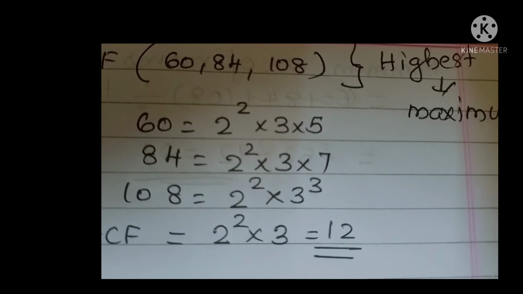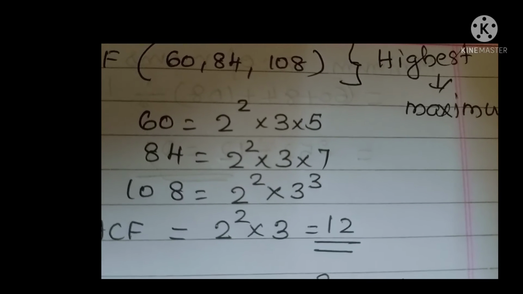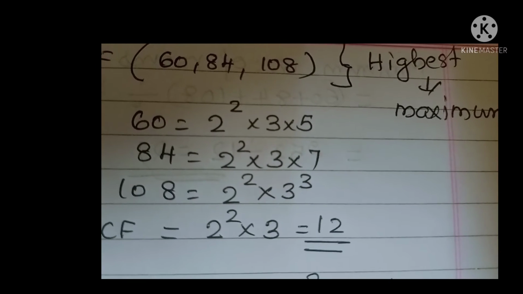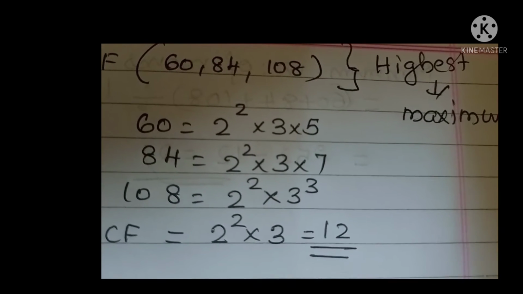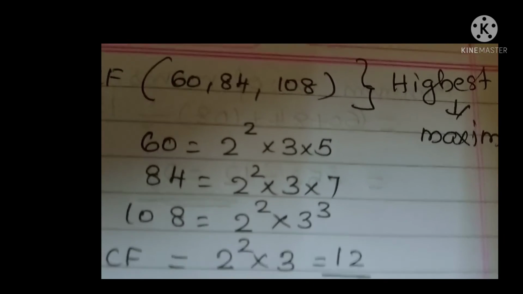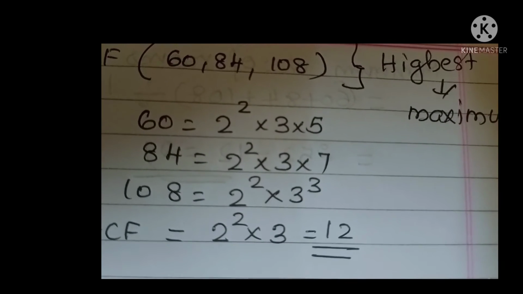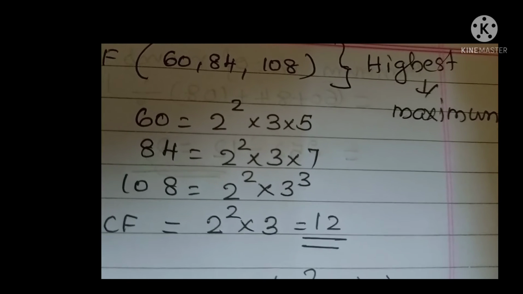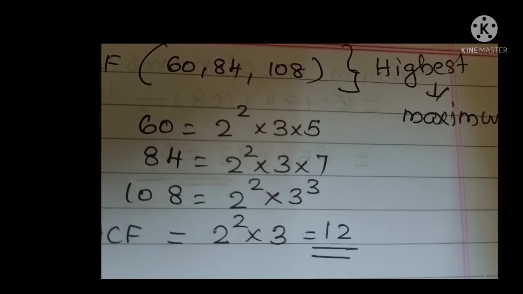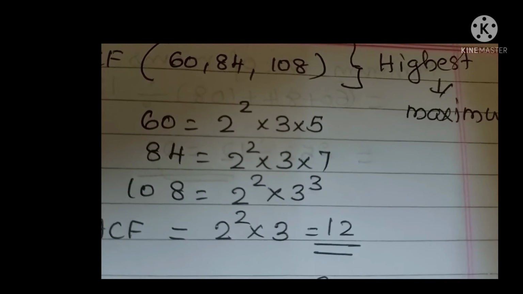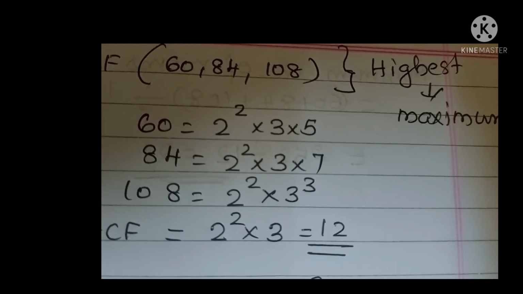Here for the HCF, we want to take the common terms. 2 square is common in all the 3 numbers, so 2 square is one of the factors, and we can take only one 3 from these 3 numbers. So the HCF of these numbers is 2 square into 3, that is 12.